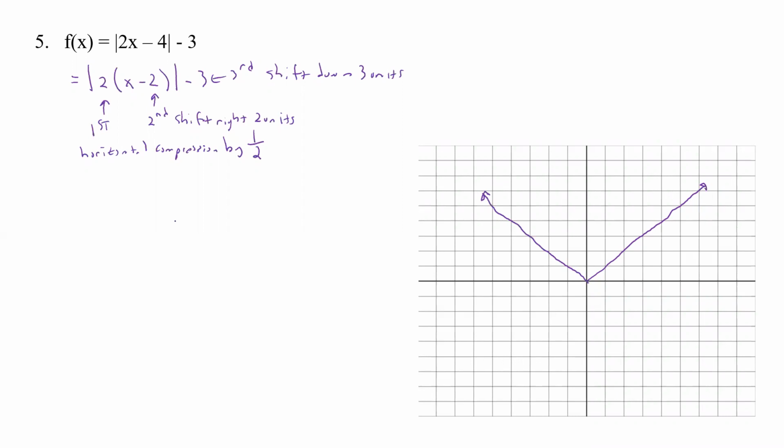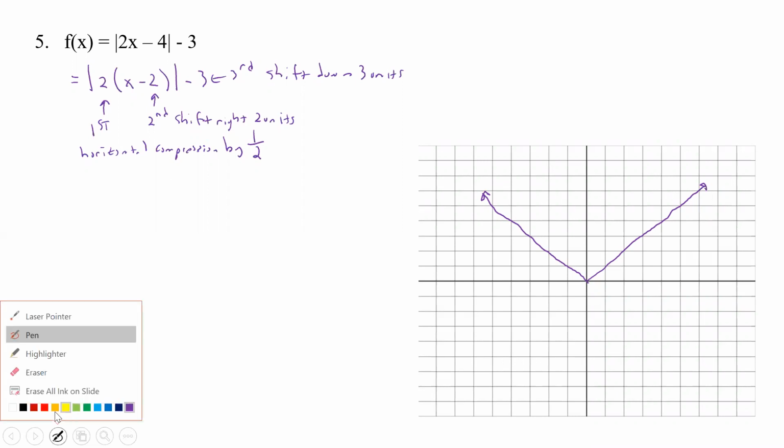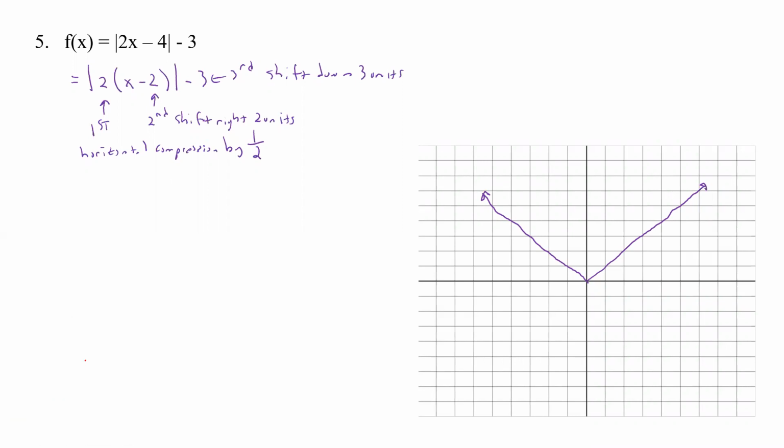All right, so first we're going to horizontally compress by 1/2. So what does that do? Okay, so let's say we maybe use that. And so what we're going to do is each x, we're going to take it times 1/2. And so things that are easier to do, I could do the 1, and then half of that would be the first point.